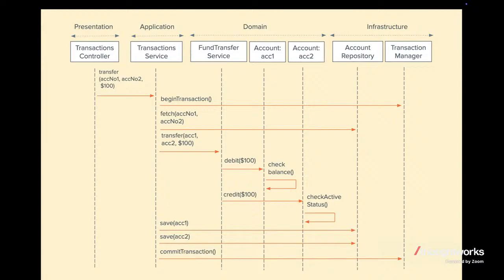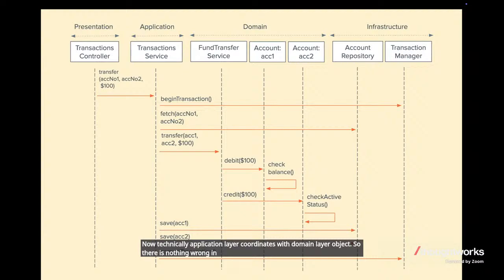Technically, the application layer coordinates with domain layer objects. So there is nothing wrong in the technical feasibility of the transaction service from the application layer directly issuing a debit instruction to account 1 and a credit instruction to account 2.